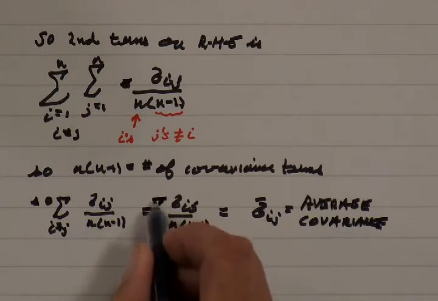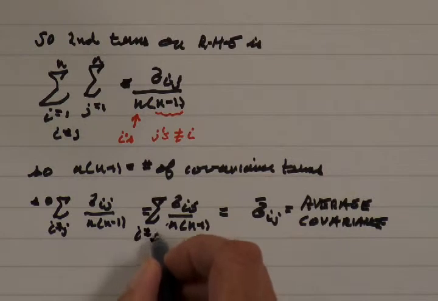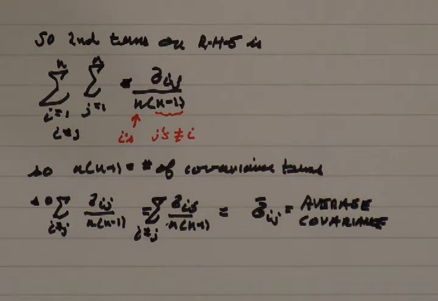And this again is i not equal to j. Okay, so the second term turns out to be the average covariance.